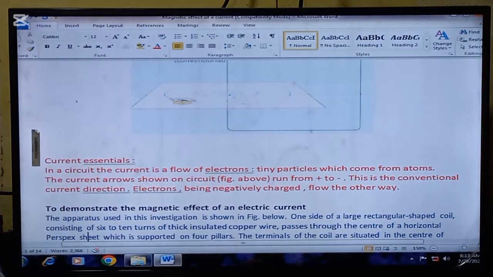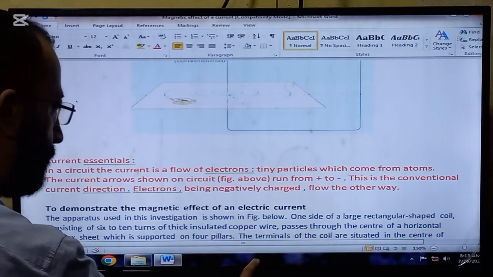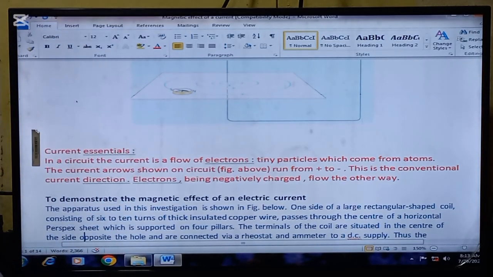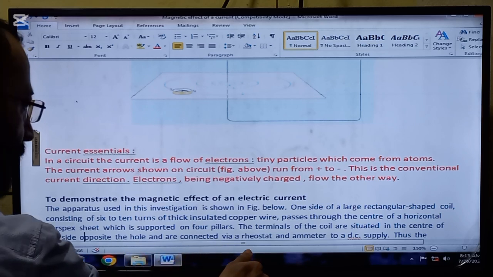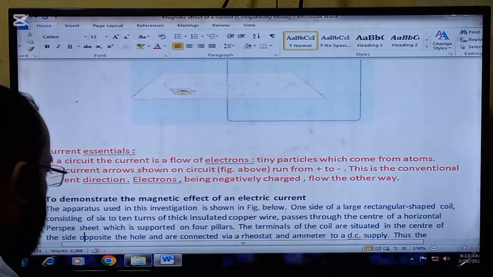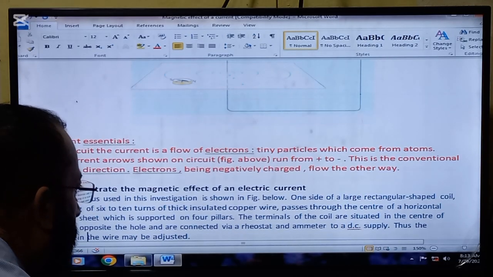To demonstrate the magnetic effect of an electric current, the apparatus used in this investigation is shown in the figure below. One side of the large rectangular shaped coil, consisting of 6 to 10 turns of thick insulated copper wire, passes through the center of the horizontal perspex sheet, which is supported on 4 pillars.